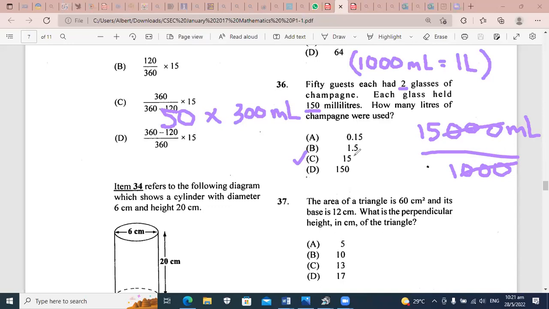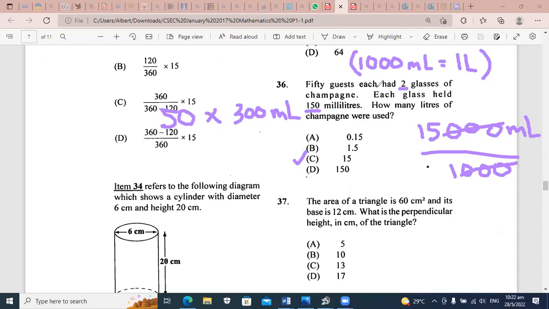All right, let me explain again. 50 persons are at a meeting or at a function or a club.